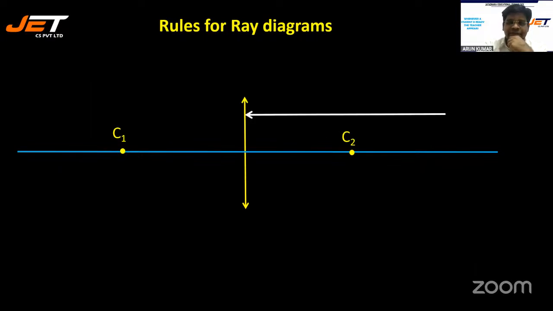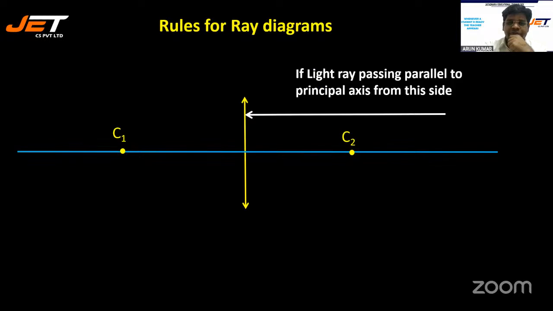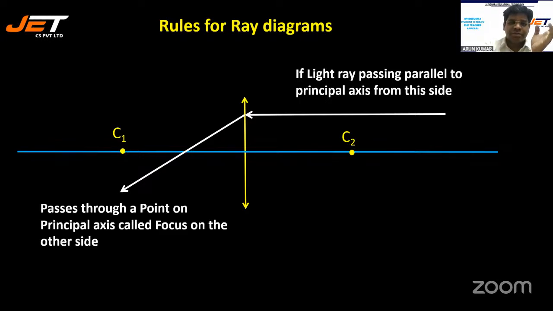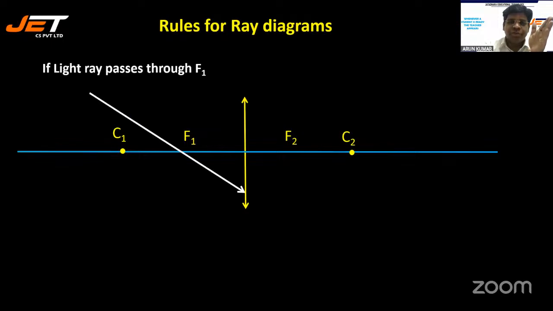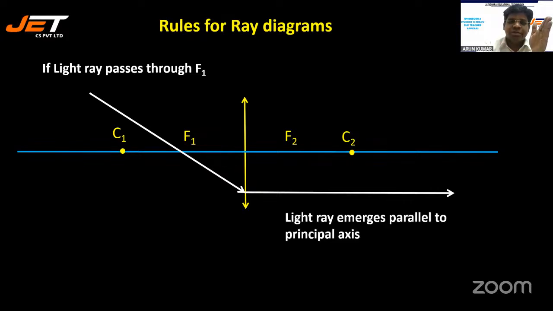A ray from this side, parallel to the principal axis, refracts and passes through the focus on the other side of the lens. So we've got F1 and F2. A ray passing through focus F1 will go parallel to the principal axis on the other side.